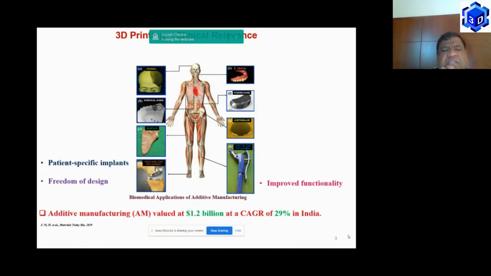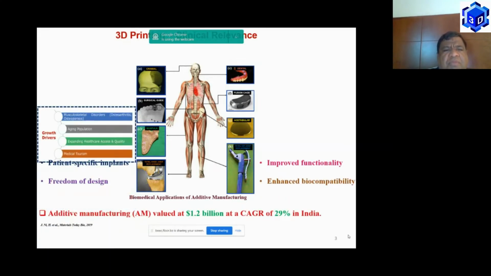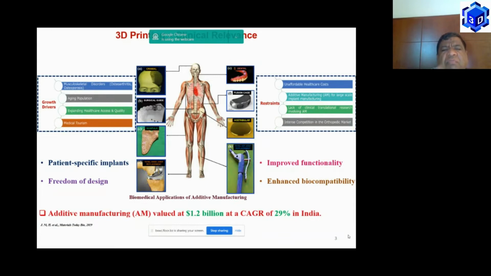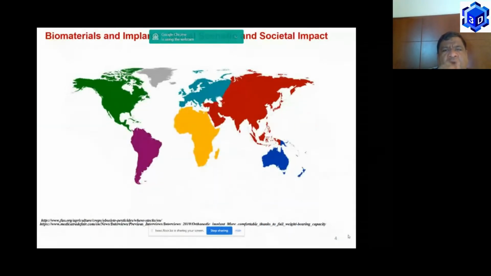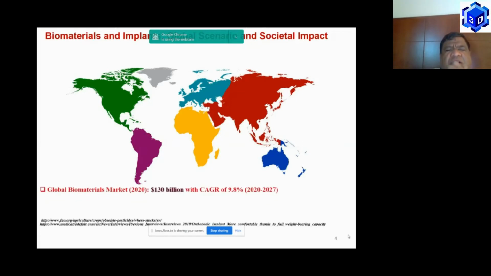As I said, patient-specific implants, freedom of design, improved functionality, enhanced biocompatibility. These are the major attributes of this 3D printing in general. Now, if we look at the Indian market, almost 80% of these implants and biomaterials which are used in India are all imported from the Western countries as well as Europe.